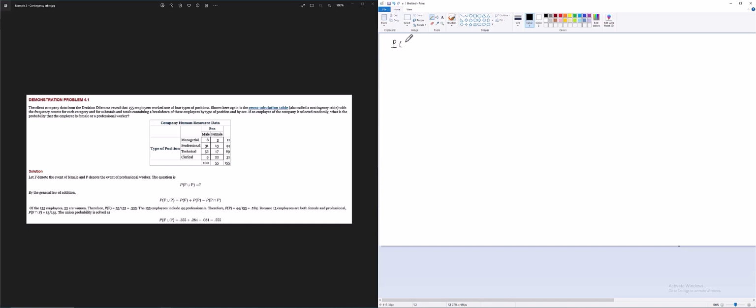And the question that we want to find here is the probability of F union P, which is the event of an employee being either a female or a professional type of position.